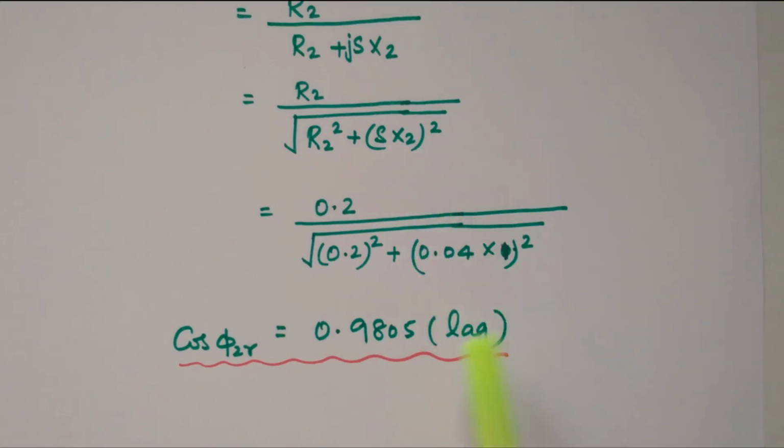So, by simplifying this what we got is 0.9805 lagging, because of the inductor it is given as lagging. So, in this problem we calculated the rotor current under starting condition as well as running condition, then the corresponding power factor at starting condition and running condition.